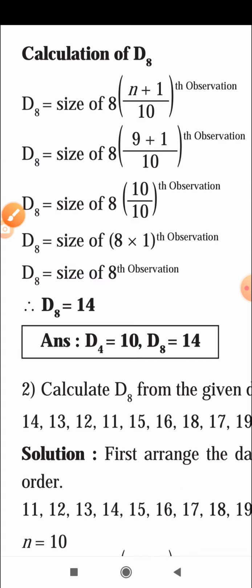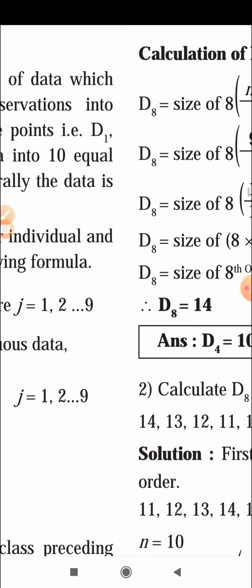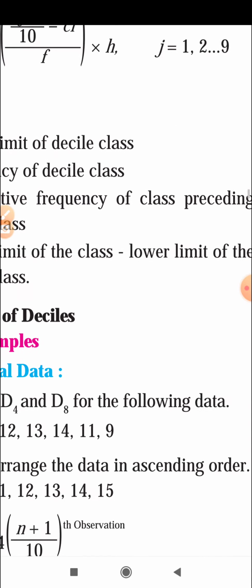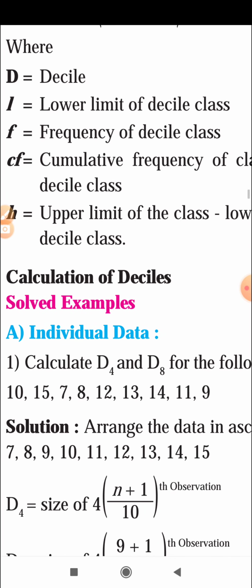So how do we find out the eighth observation? We take the eighth observation from the data which we already arranged as per ascending order. So D8 is equal to, this is our data which we arranged in ascending order.